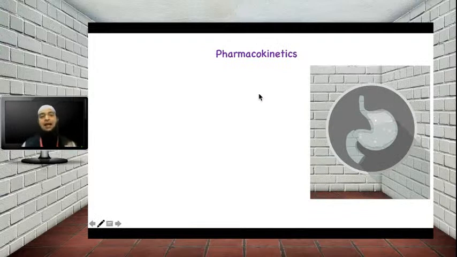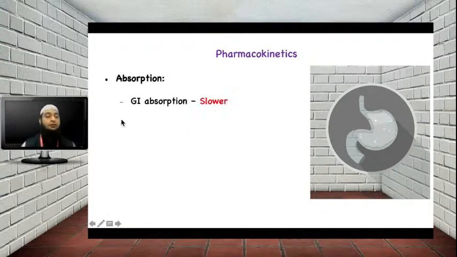So let's start with the pharmacokinetic difference. In pharmacokinetics, we'll first see absorption. In the case of absorption in pediatric patients, it is observed that GI absorption is slower, and we know that the important route of drug administration is the oral route.